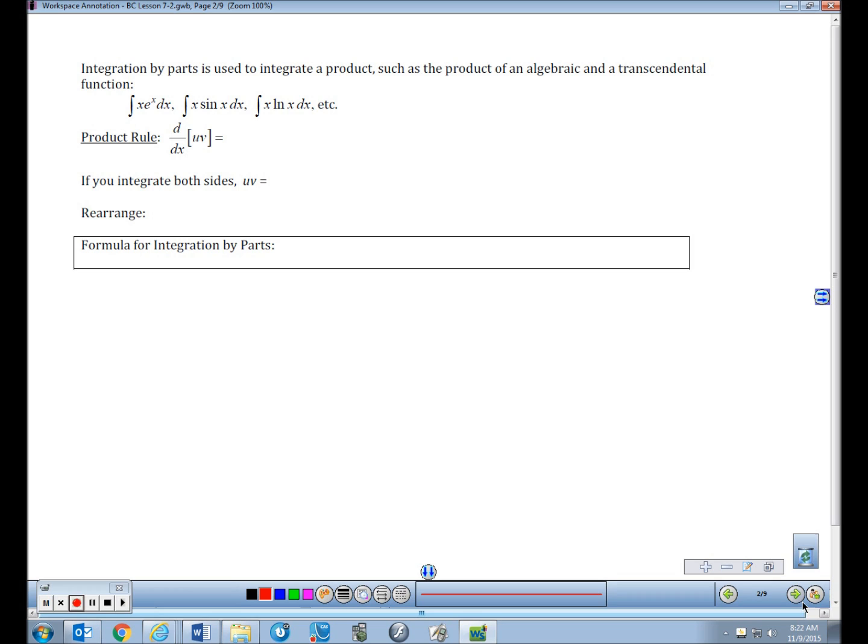So the product rule, the derivative of uv, hopefully we know this by now, is u prime v plus u v prime. If you integrate both sides, you're going to get uv equals the integral of v du plus the integral of u dv.